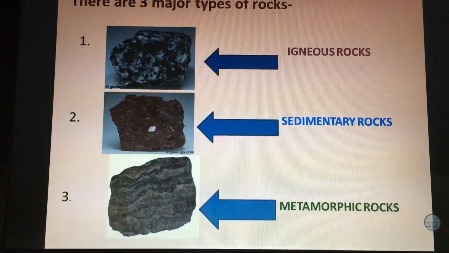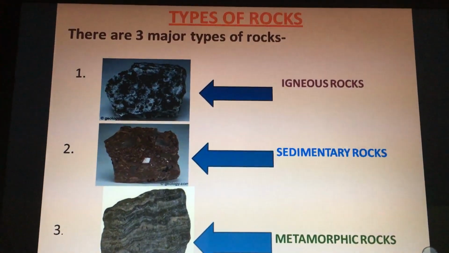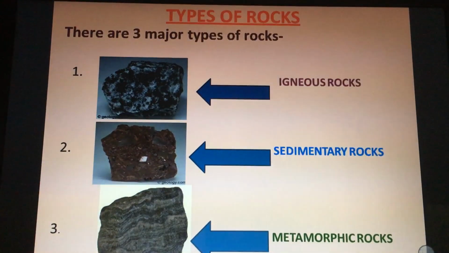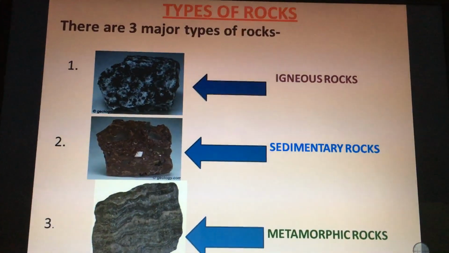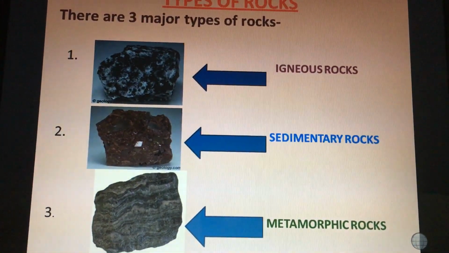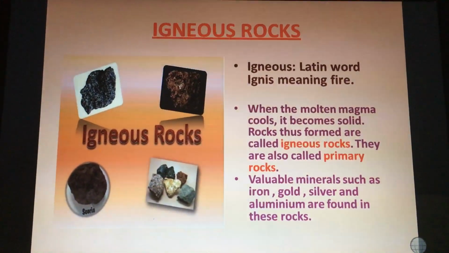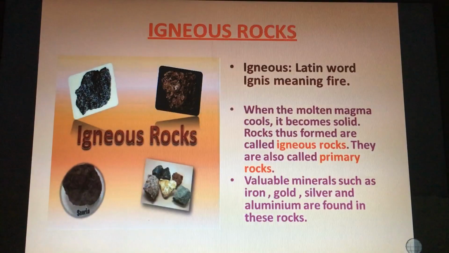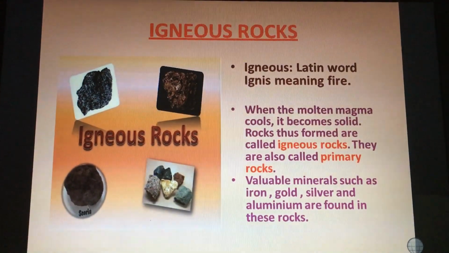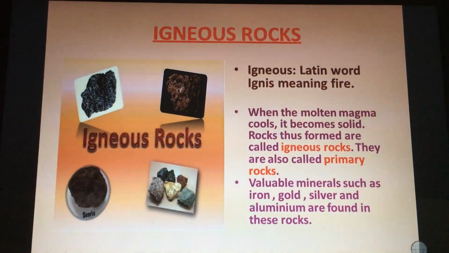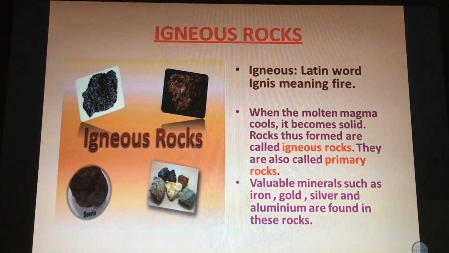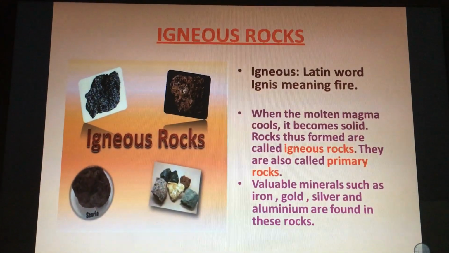Moving up, next there are different types of rocks. Three types are igneous rocks, sedimentary rocks and metamorphic rocks. The first one is igneous rocks. The word comes from a Latin word ignis, meaning fire. When the molten magma cools, what is molten magma?